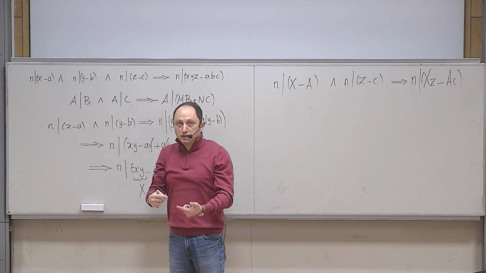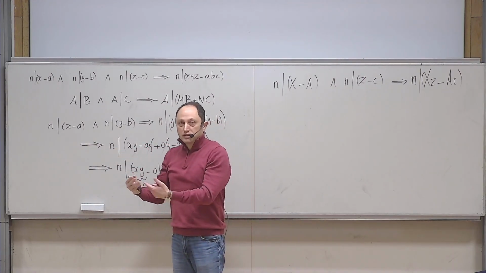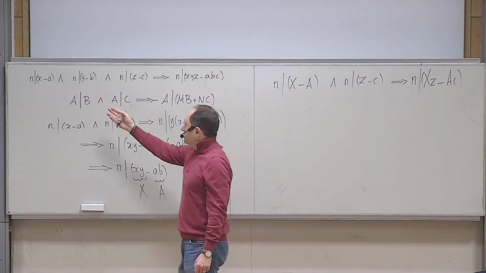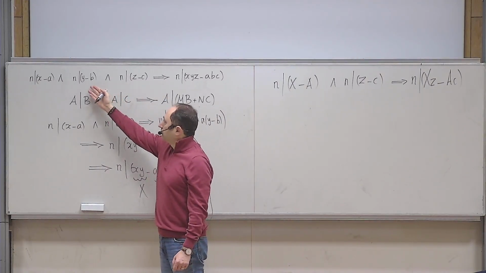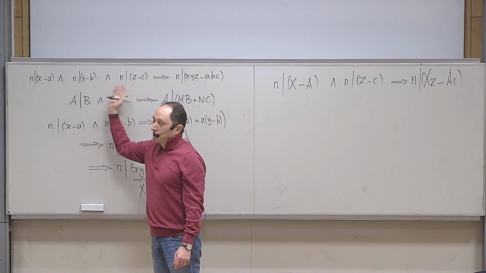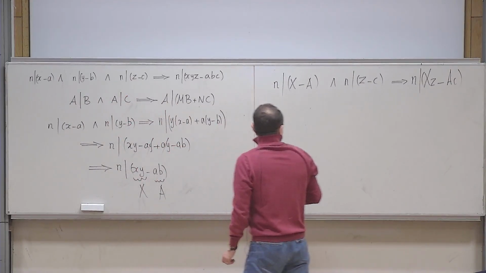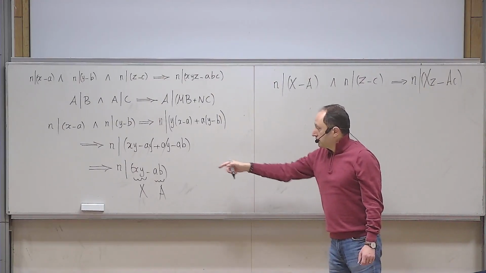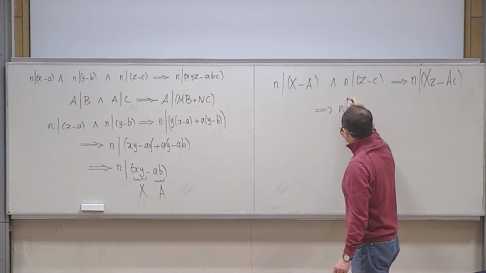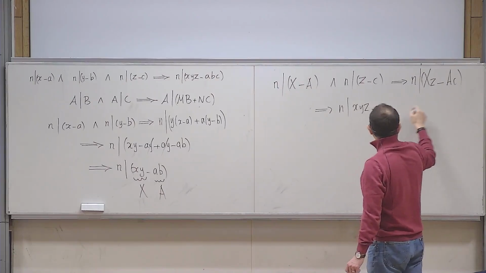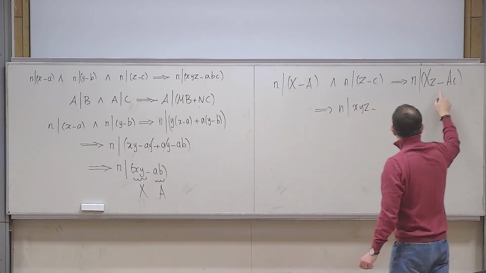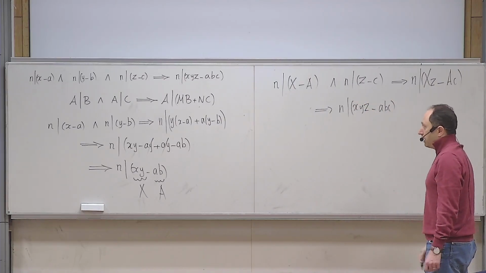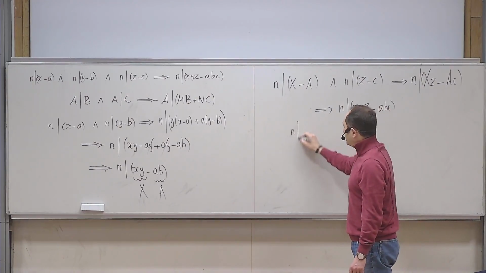Then for three divisibility relations, I use the same argument for two. Then you can see that this can be generalized to any finite number of these relations. If I ask you what is capital X times z, because capital X was xy, then you can see that n divides xyz minus capital A times c, which is abc, and we are done. I hope you can see that you can immediately generalize this.